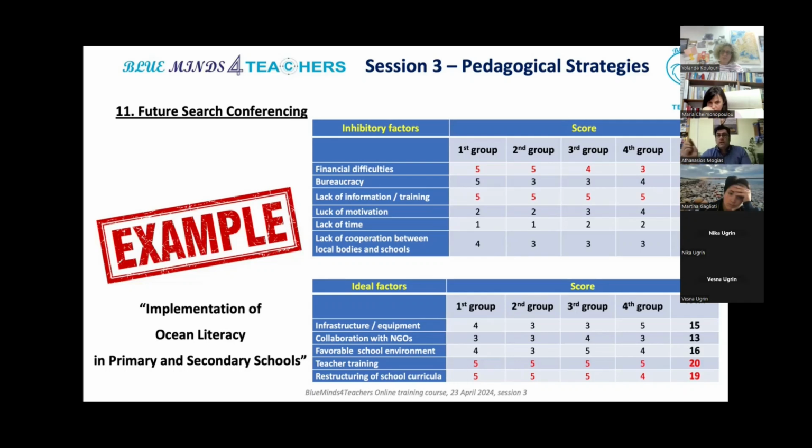Here is a total sum of these values. This way, we identify the 2 or 3 or 4, depending on the number of factors we have written down, the most important factors per case, those that collect the highest score. Finally, each group is asked to discuss ways to overcome the problematic factors and ways to achieve the ideal factors, and then design a group action plan.